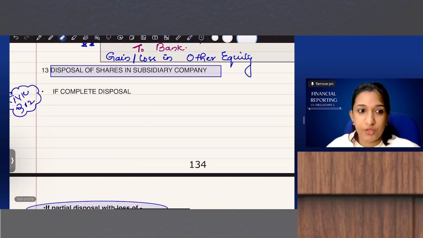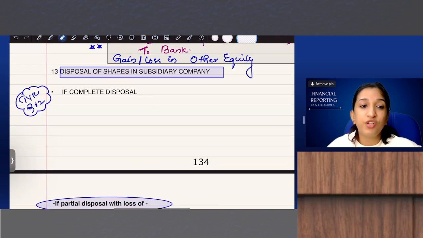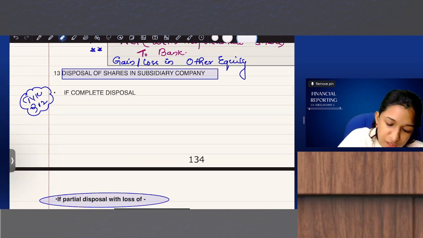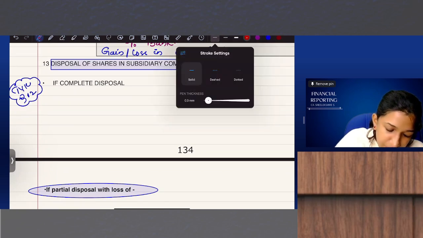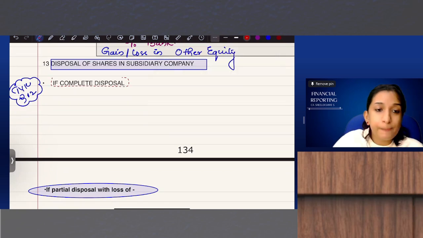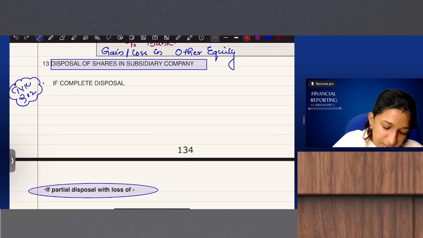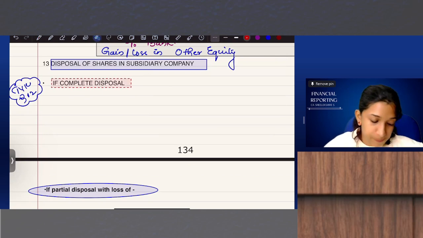Disposal of shares in subsidiary. Complete disposal of shares in subsidiary. What are the adjustments if there is complete disposal of shares in subsidiary?